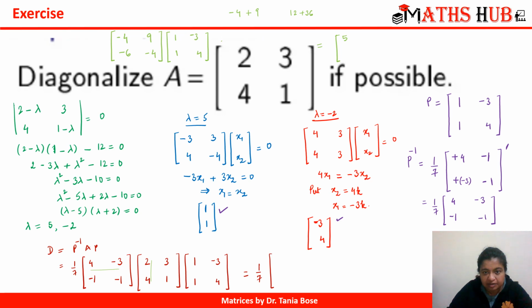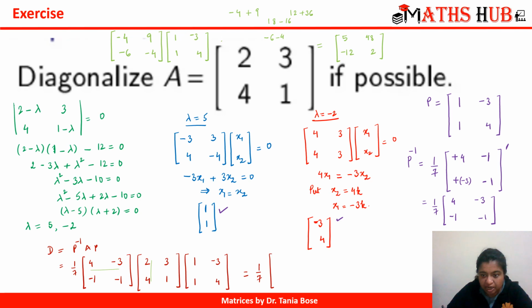So that is 48 over here. Then we have minus 6 into 1 is minus 6, minus 4 is minus 12, and then we have minus 6 and minus 3, 18, minus 16, that is 2 over here, right?